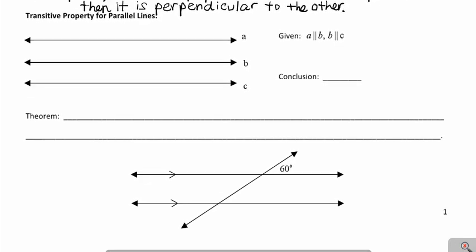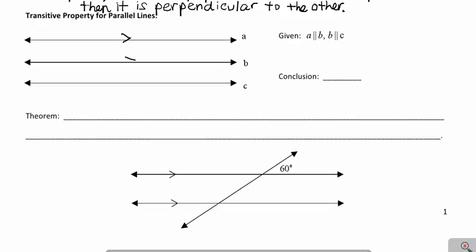The next theorem has to do with the transitive property for parallel lines. This works very similar to just the transitive property in general. So normally we use the transitive property when we have two or more sets of angles or segments congruent to each other. Now, the transitive property for parallel lines is usually when you have two or more sets of lines parallel.